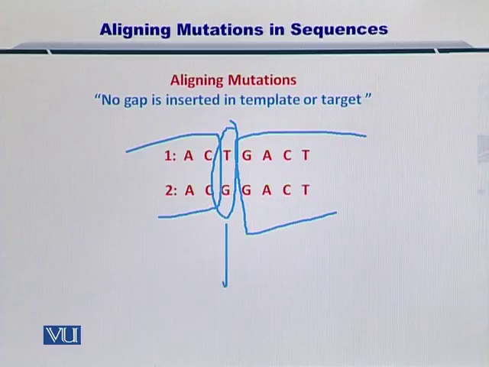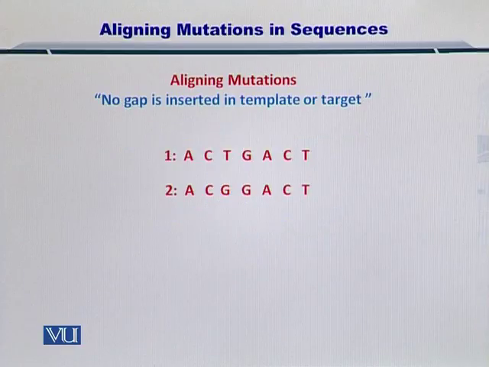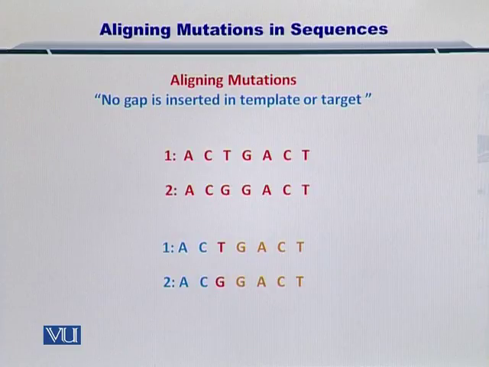So this portion is actually sourced from a substitution wherein T has been substituted by G. And how do we represent it? Simply write them on top of each other. So here, as you can see, this portion is the substituted or the mutated nucleotide.